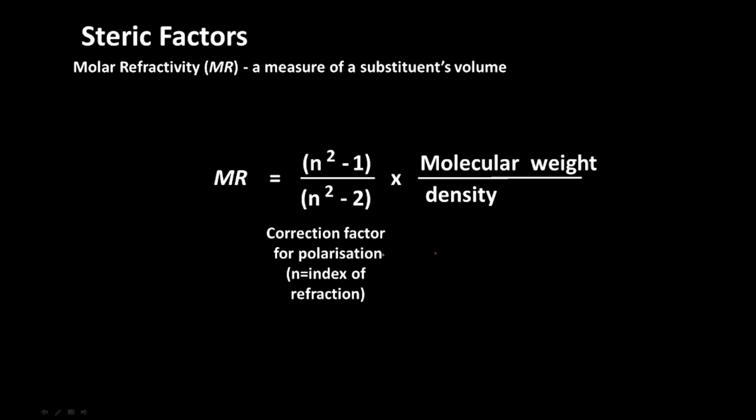Okay, n is the index of refraction, and the first term is a correction factor for polarization. So it's a function of molecular weight and a function of density. When you divide molecular weight by density, of course, you end up with volume, right? So this is a descriptor which we use many times.